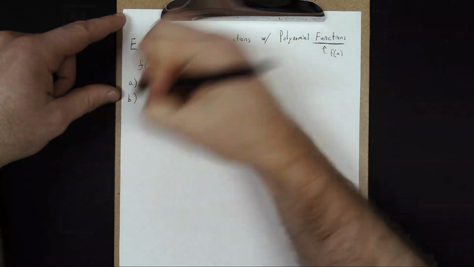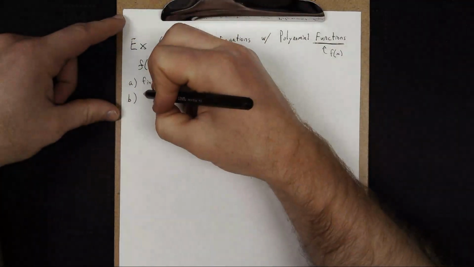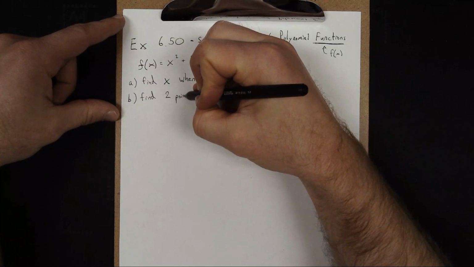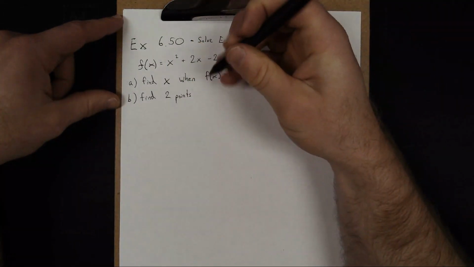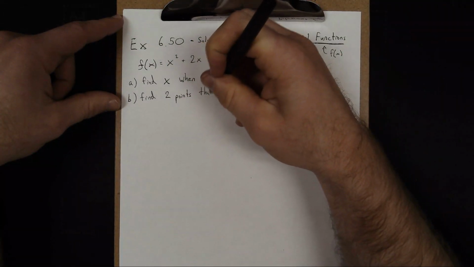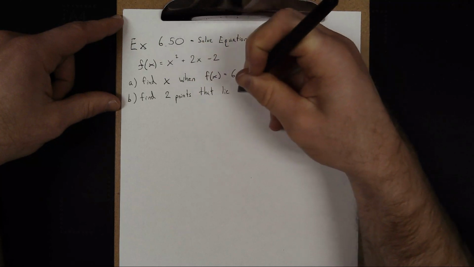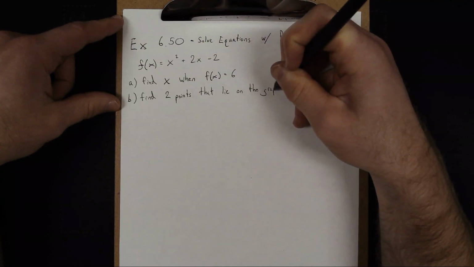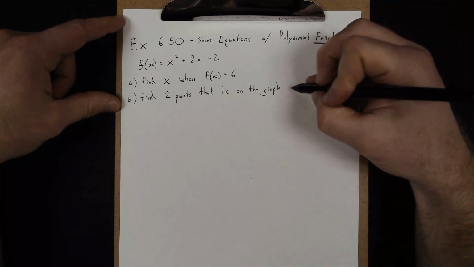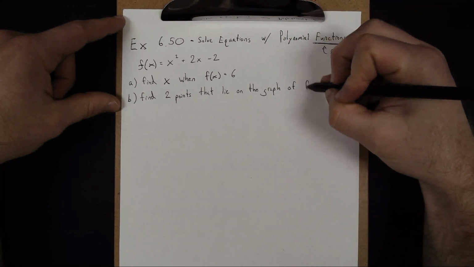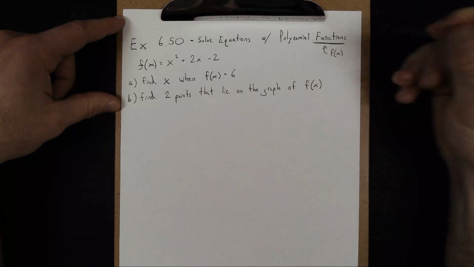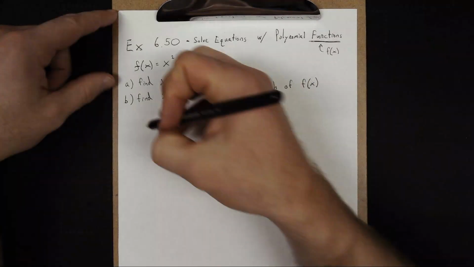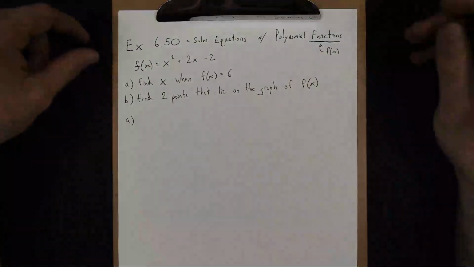Okay, and for b, we're going to find 2 points that lie on the graph of our function f of x. Okay, so let's do a first, and then we'll talk about b.